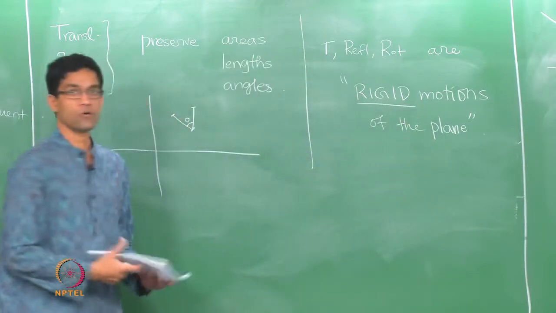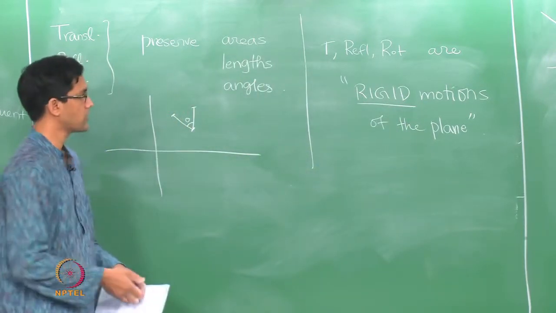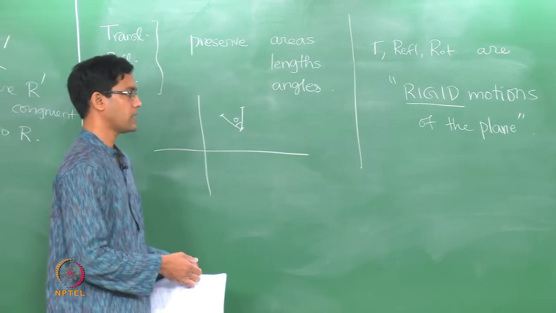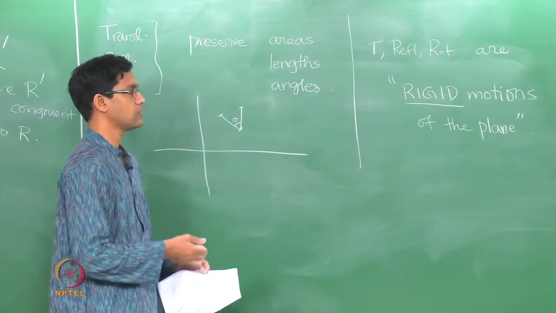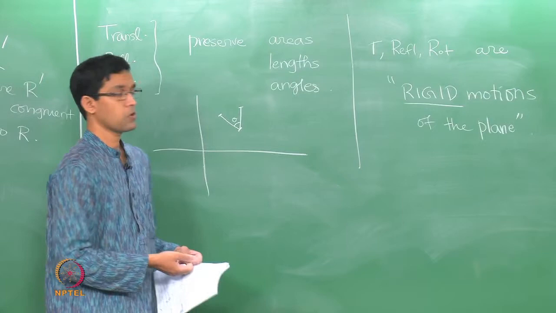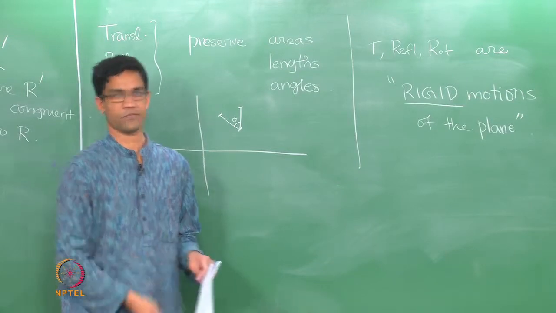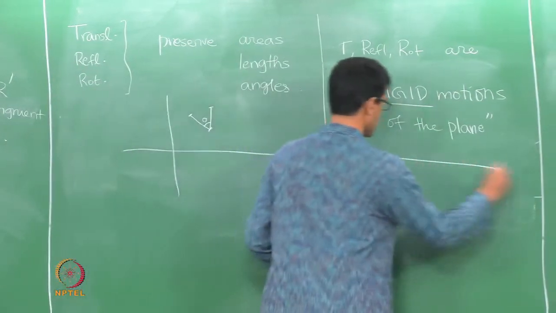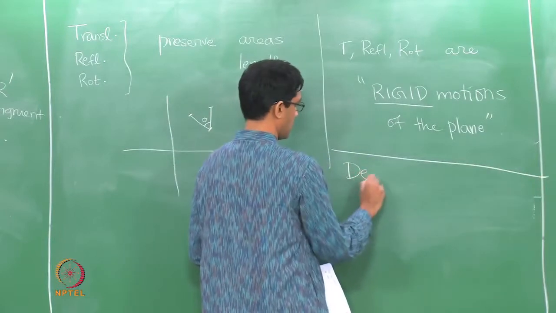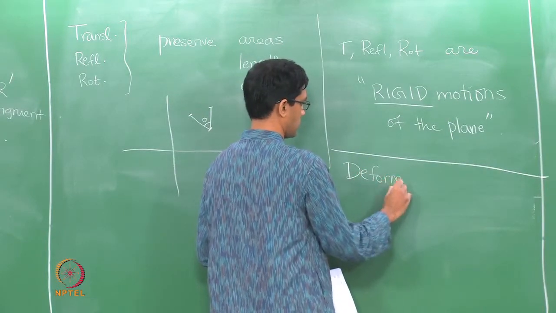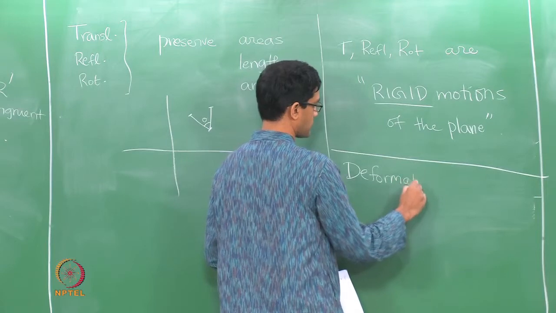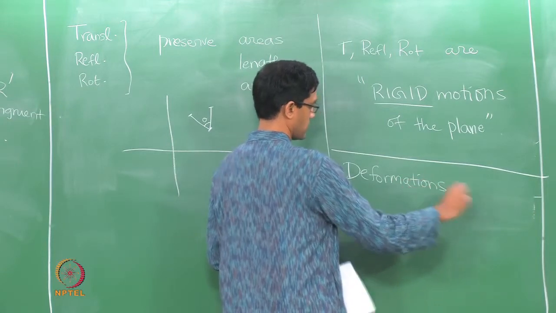Now what we will do next, during the next lecture, is to also look at other examples. Of course these are not the only interesting examples. What about maps which deform? This is to be contrasted with maps which are sometimes called deformations.